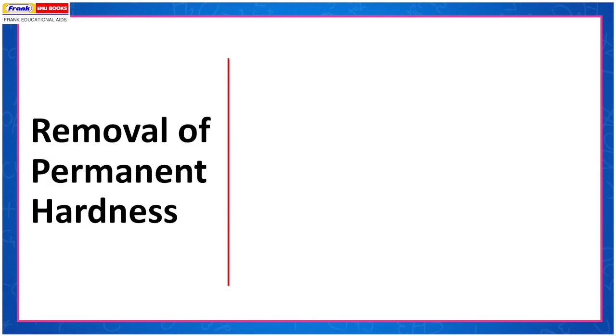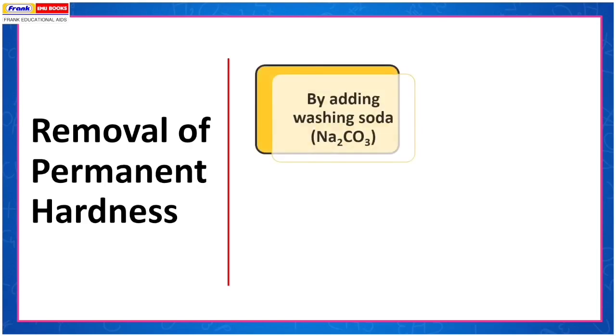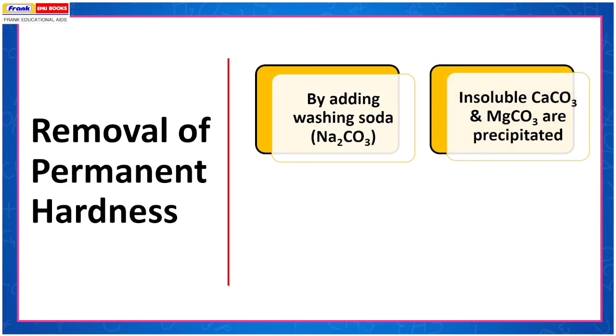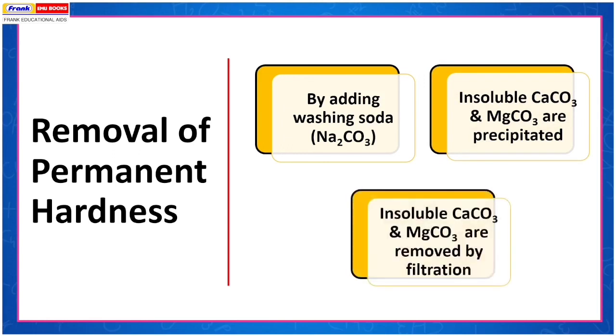Removal of permanent hardness by adding washing soda, that is Na2CO3. Insoluble CaCO3 and MgCO3 are precipitated. This insoluble CaCO3 and MgCO3 are removed by filtration.